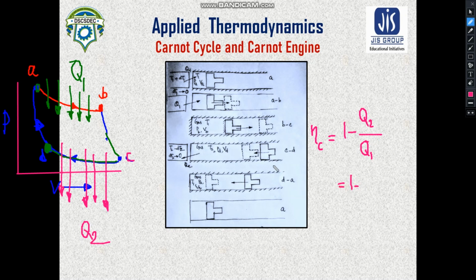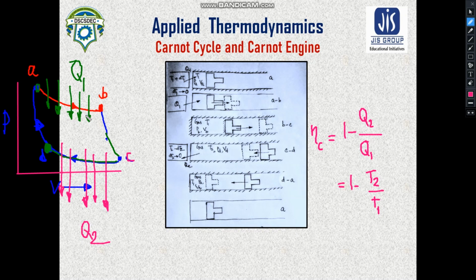Similarly, since this is a reversible cycle, we can also write 1 minus T2 divided by T1, and you can do the relevant calculations after understanding this process. Process A to B is an isothermal process.